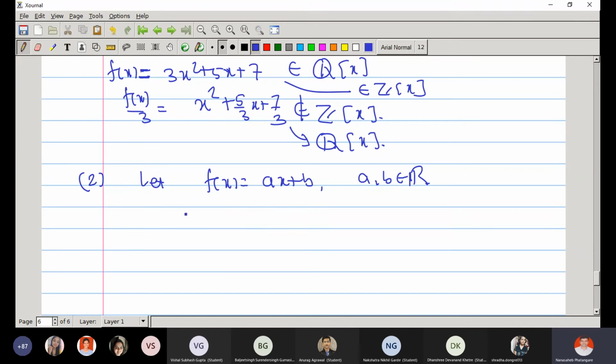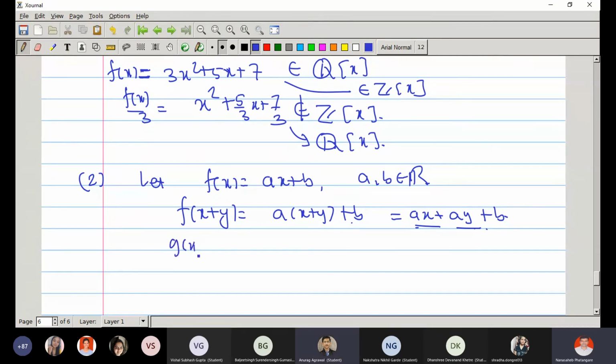If you look at f of x plus y, it is a times x plus y plus b, that is ax plus ay plus b. Right. So if you neglect the constant term, all other terms, the coefficients can be distributed.